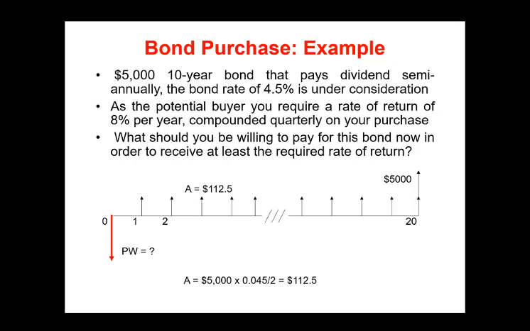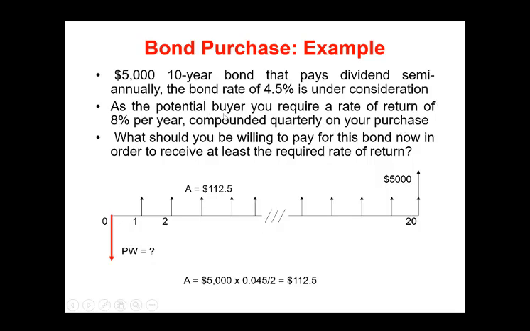A $5,000, 10-year bond that pays dividends semi-annually. The bond rate of 4.5% is under consideration.